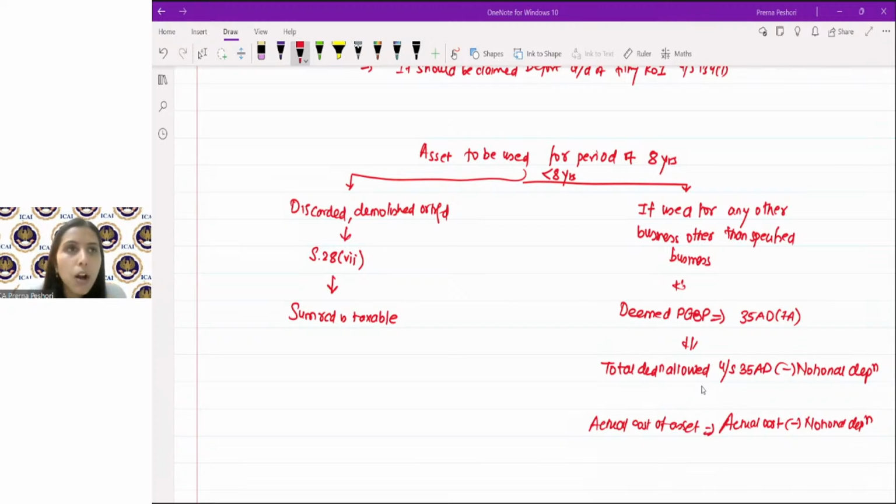Do you want me to cover it now, or should we cover it in the next class? What do you want? This will take around 10 minutes. But if you want me to cover it now, I can, or else we can cover it in the next class before we start the capital gains. Deemed PGBP 35AD. Okay, I'll take it up, Aniket, in the next class. It is also there in your module, but I'll take it up.